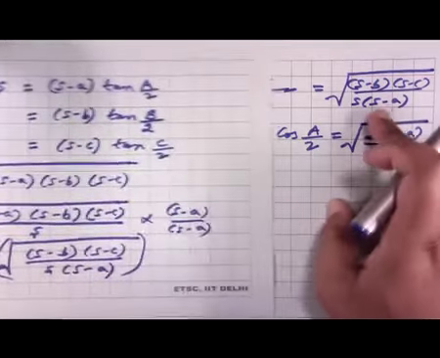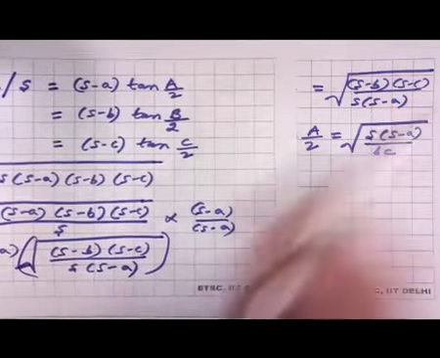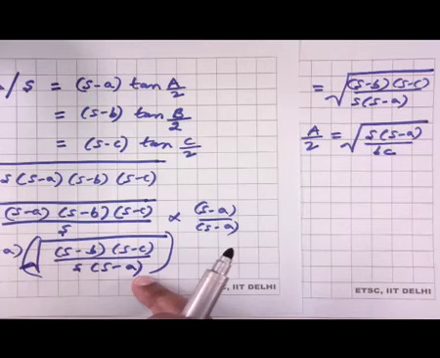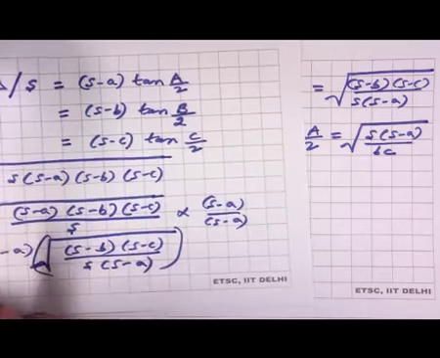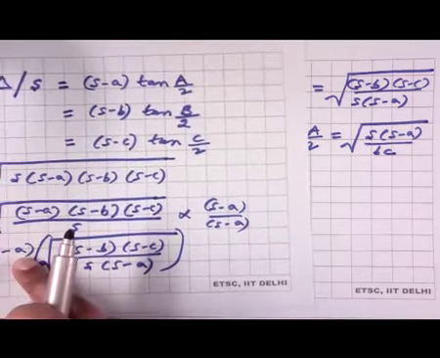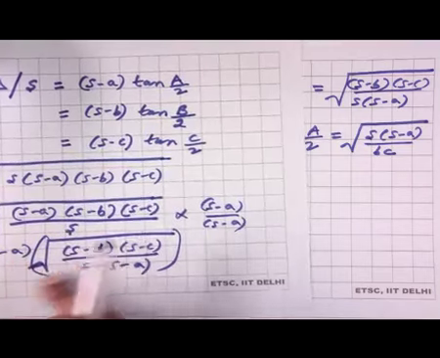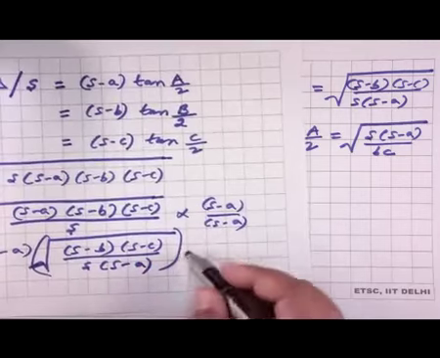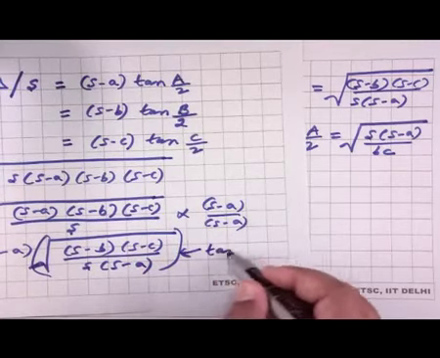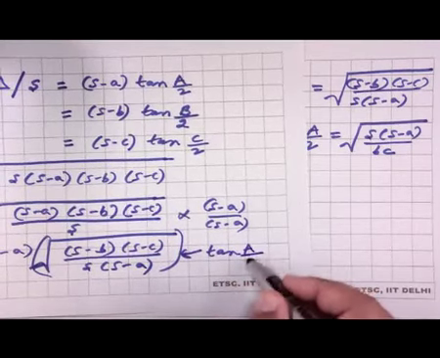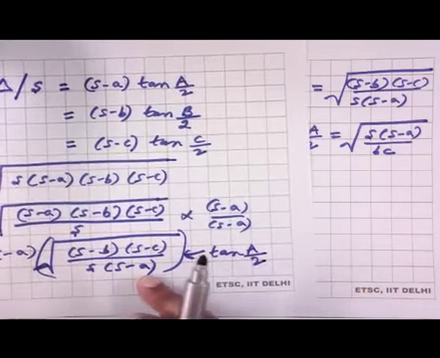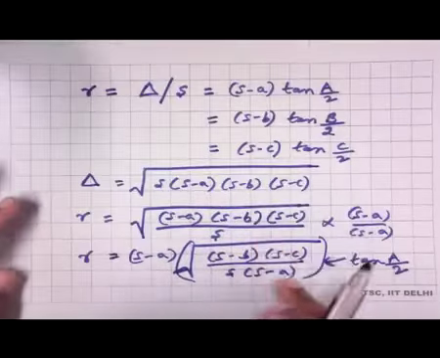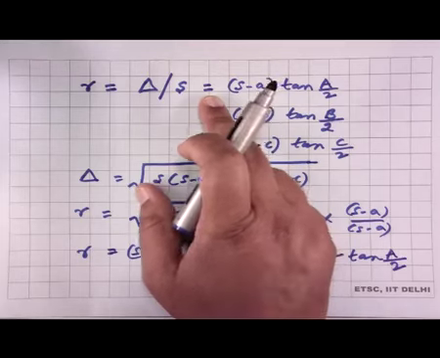So, we can see that this and this are indeed the same, and therefore, this r is equal to s minus a times tan a by 2. So, that finishes the proof of this equality.